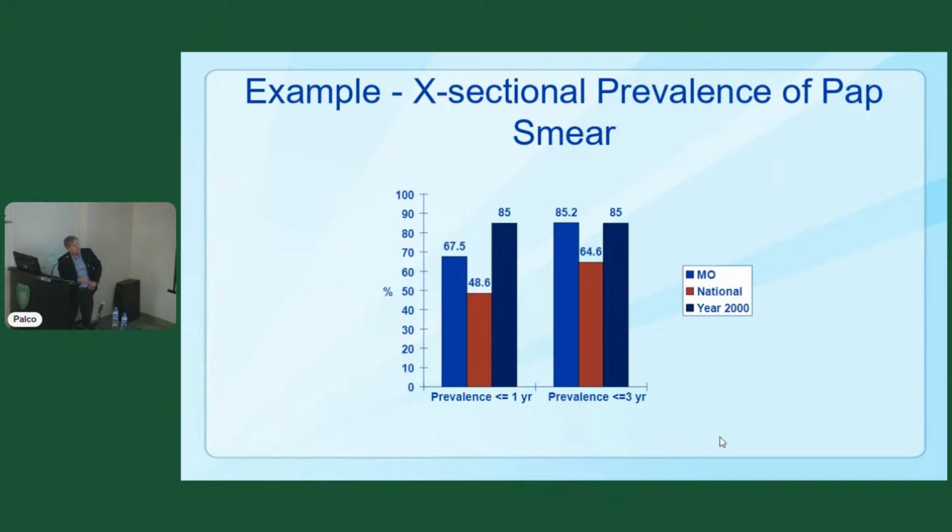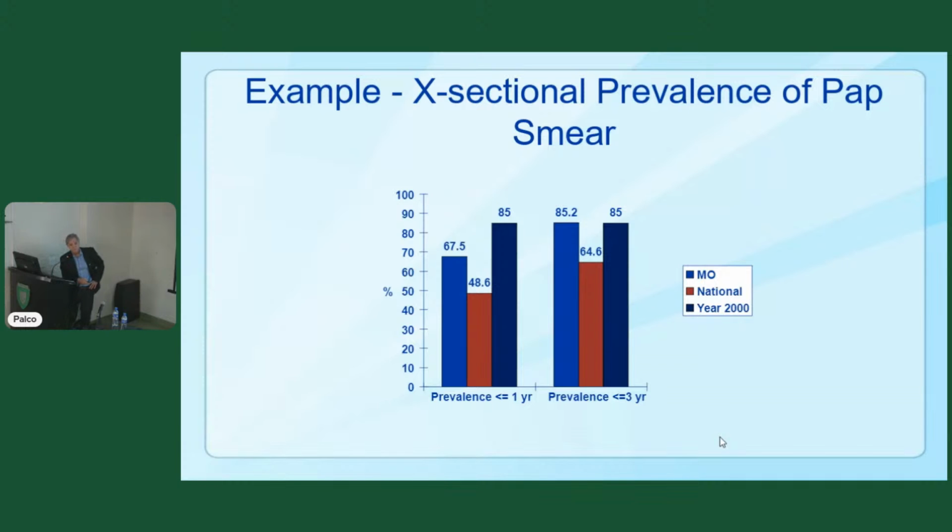Or in this case, actually, I misstated. It's having had a Pap smear within a year and within 3 years. Past 3 years and the past year. Sorry. But anyhow, you can see that here is 67.5% of the women in Missouri at that point in time in 1995 had a Pap smear within the previous 12 months. And about 85% had had it within 3 years.